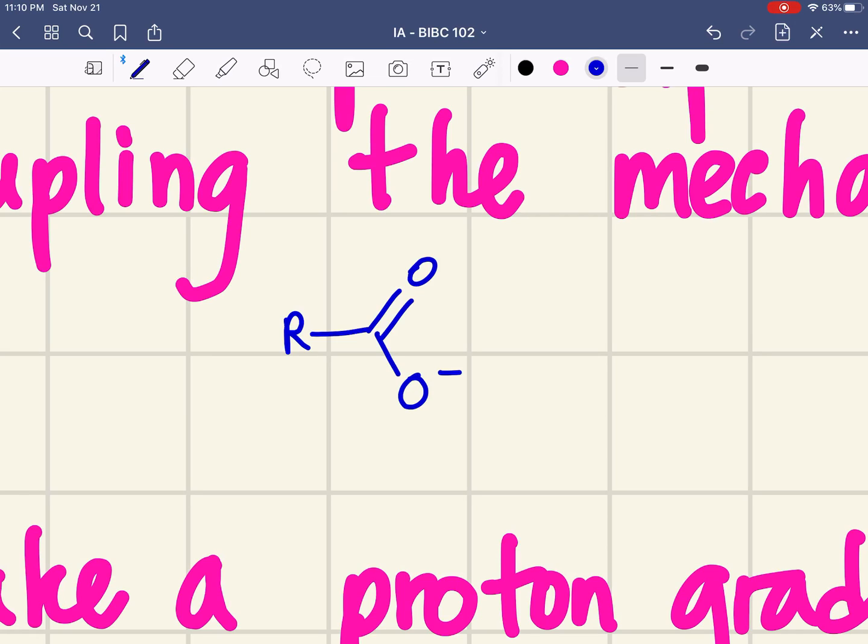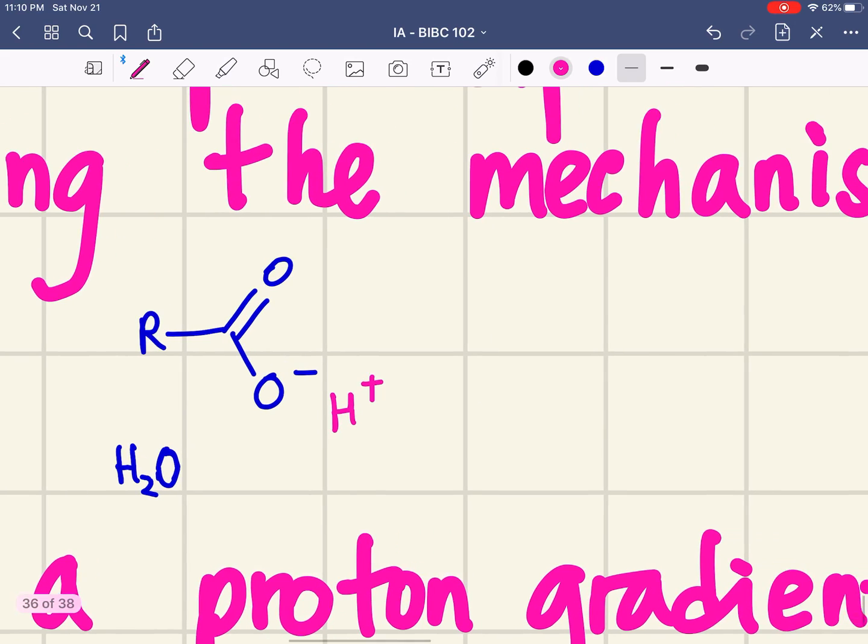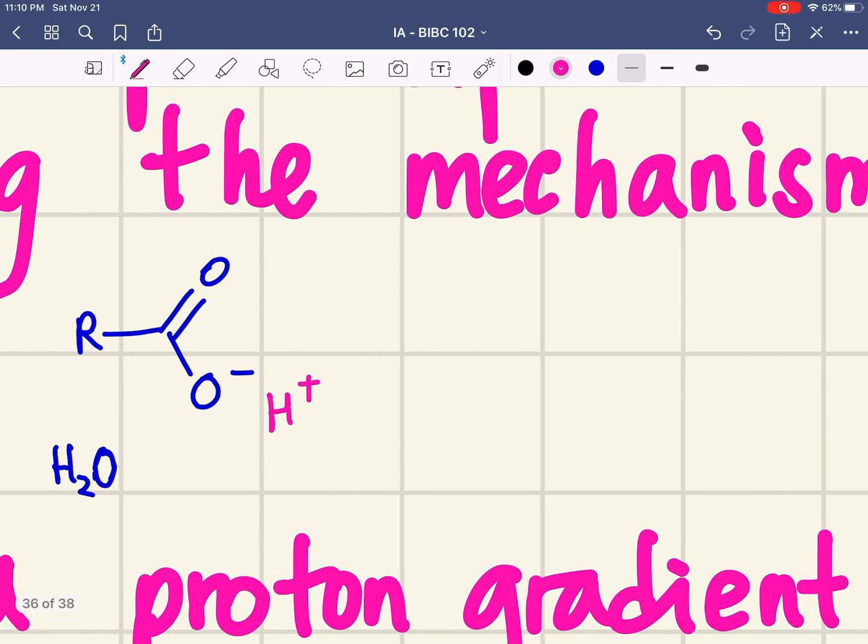When this is charged, it will like to stay in the water compartment, which is either the intermembrane space, cytosol, or matrix. However, if we give a proton to this negatively charged organic acid, then it will become protonated.